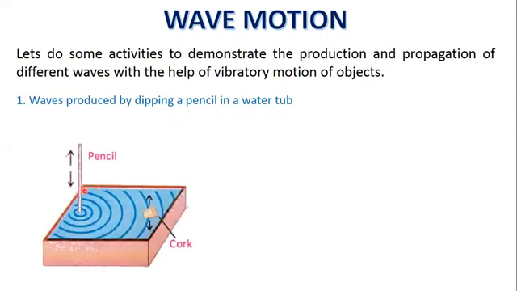Dip one end of a pencil into a tub of water and move it up and down vertically. The disturbance in the form of ripples produces water waves which move away from the source.